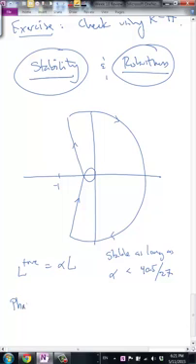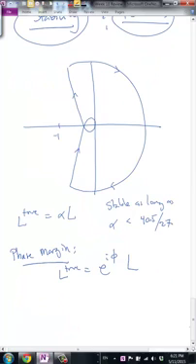More interesting is what's called the phase margin. So suppose that our true L were equal to some phase times the L that we used to draw. What would that do? That would rotate the entire picture. How much can we rotate before we possibly incur some encirclements of -1?